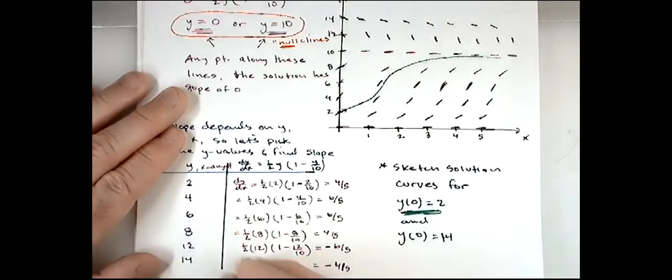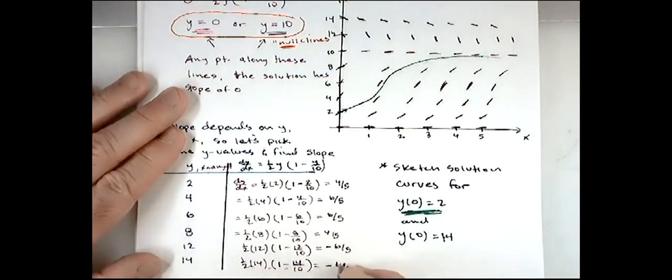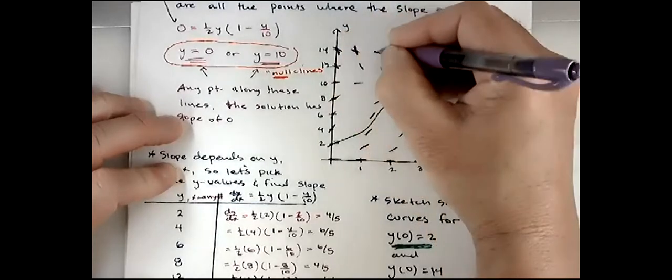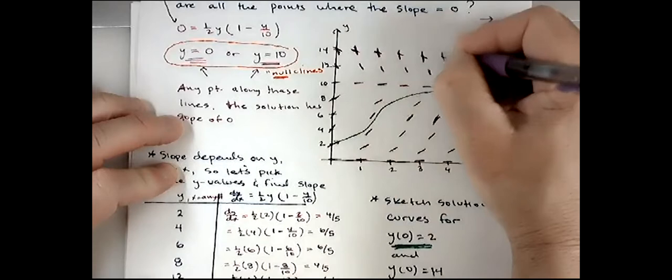Why don't I actually do it? 1/2 times 14 times 1 minus 14/10 is 7 times -4/10. Oh, that's -28/10. Never mind. This is -14/5. My bad. So this should actually be even steeper. These are actually more steep in a negative way.